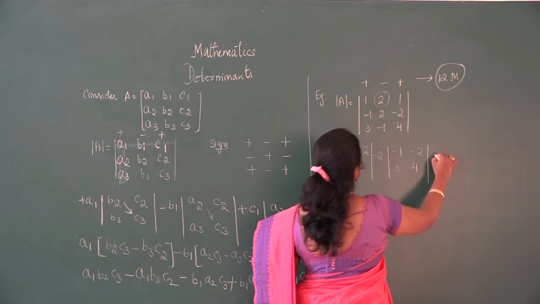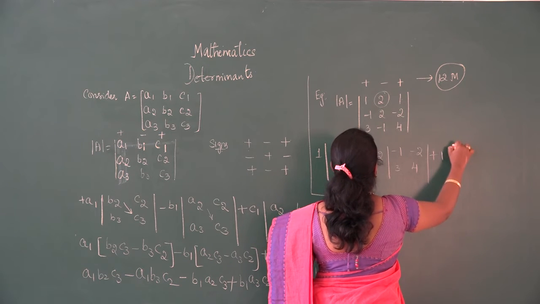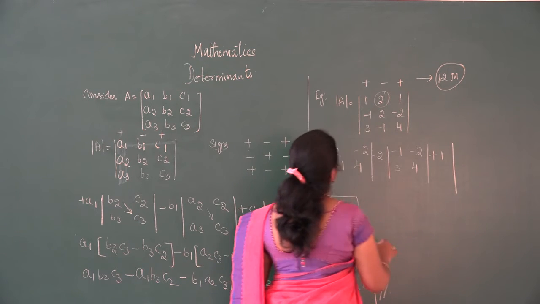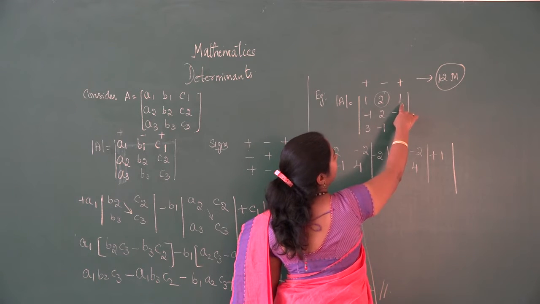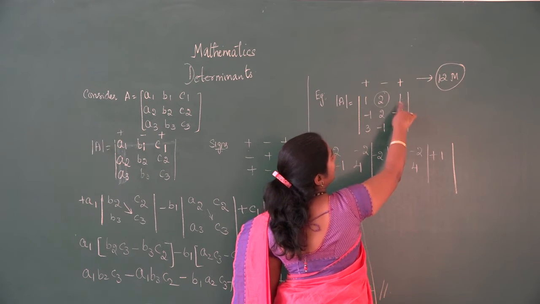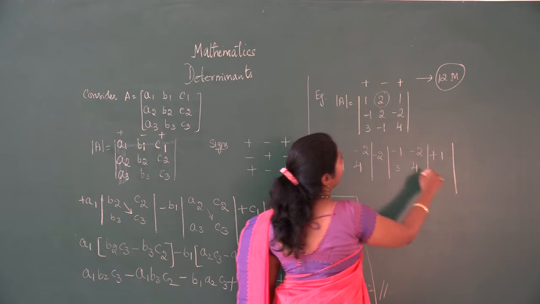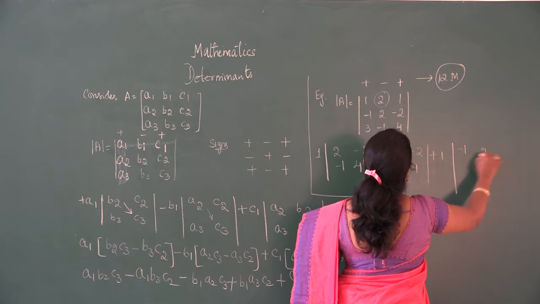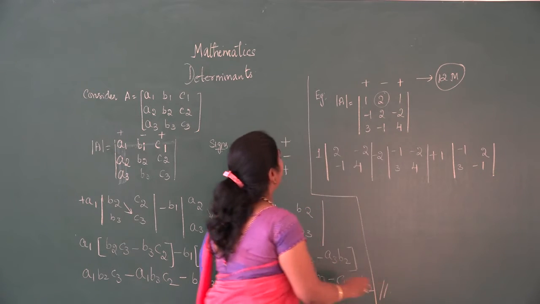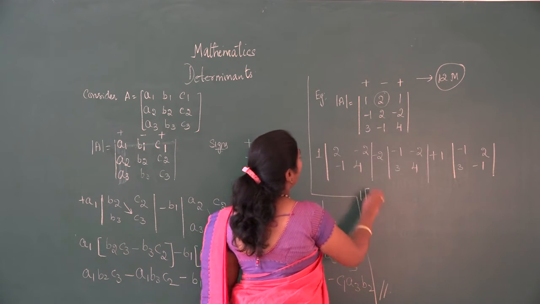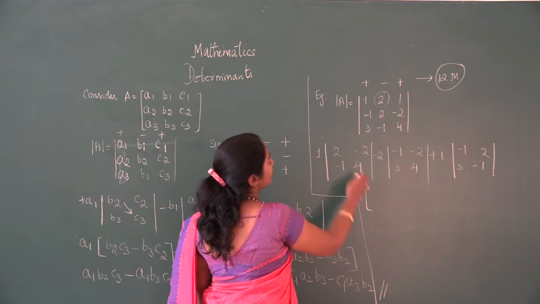Similarly, plus 1 into. When you consider the element 1, you are supposed to leave its row and column. What is left out? Minus 1, 2, 3, minus 1. How do we calculate? It is 1 into the product of the principal. 4 twos are 8.